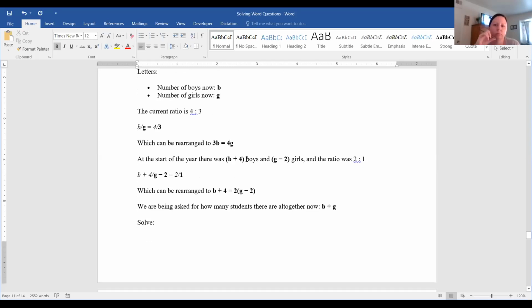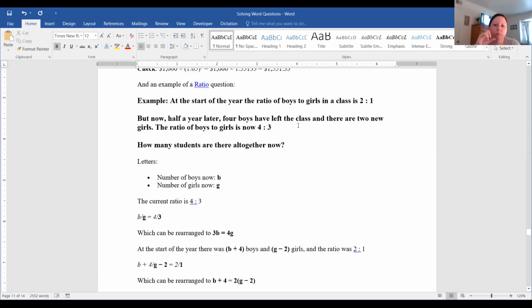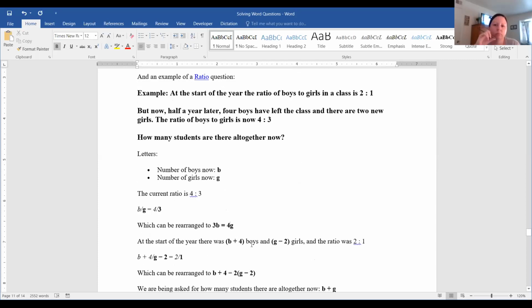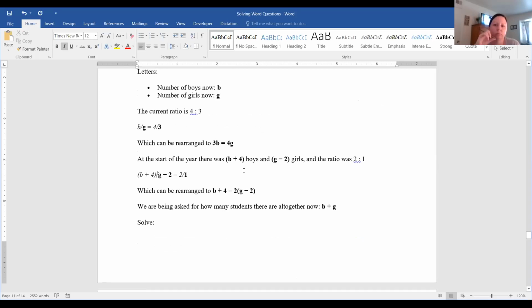At the start of the year, there were 4 more boys than currently, and there were 2 fewer girls than currently. Let's properly stage this. So at the start of the year, there were 4 more boys and 2 fewer girls than currently, and the ratio was 2 to 1.